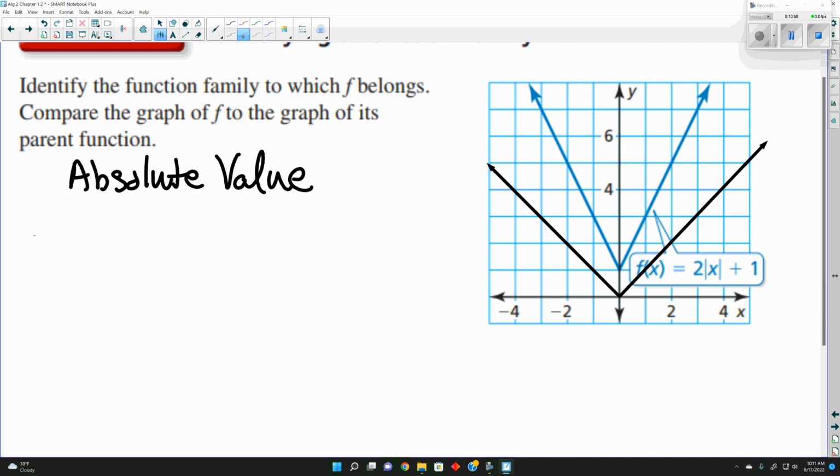So it's wider, or, because we're going the other direction, it would be narrower. Because we're going from black to blue. Oh, I see. Yeah, because the black one is the parent. So we want to compare the graph of f, the blue one, to the graph of its parent. So it's narrower, yes? Or in not completely scientific terms, it's increasing faster.